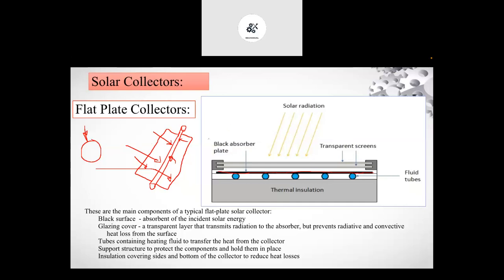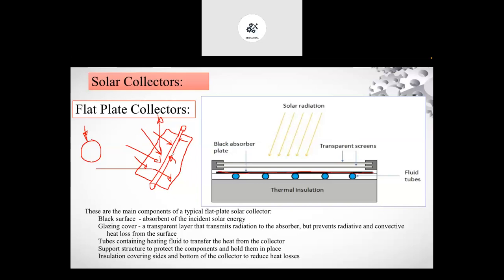So that's why, to absorb maximum incident radiation, because when radiation is incident on it, if it is not painted black, some part of that radiation will get reflected, right? That will be a loss of energy. To avoid that, we paint the fins or sheet black, and also the tube.